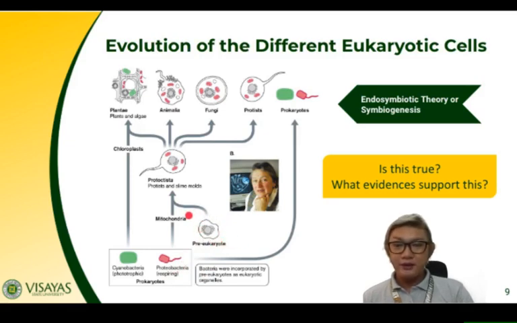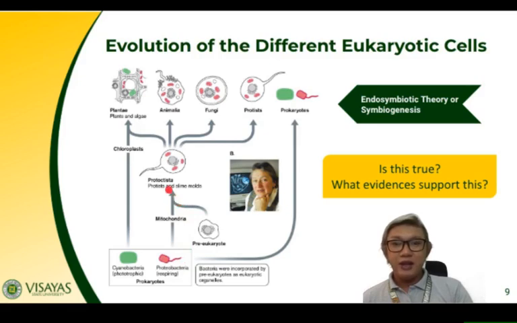Okay? However, after engulfing, or after phagocytosis, this proteobacteria was not digested and instead survived inside the cell. Later on, the pre-eukaryotic cell provided a conducive environment for the reproduction and survival of this type of bacteria.